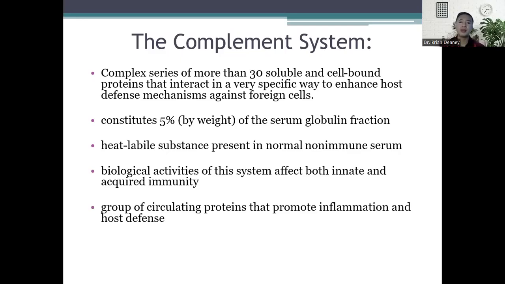Because it means there are actually many proteins that make up the complement system. And how many of those proteins make up the complement system? More than 30. So the term here is more than 30 soluble and cell-bound proteins.